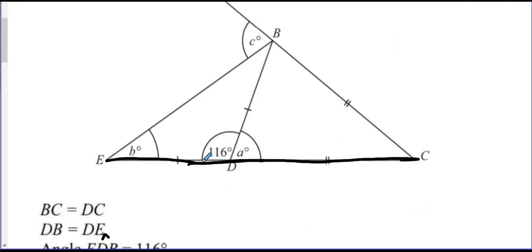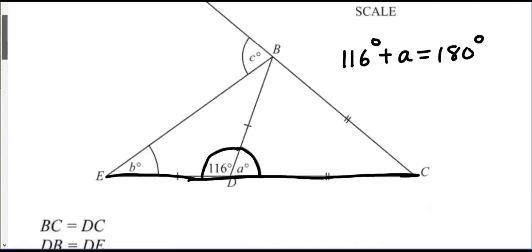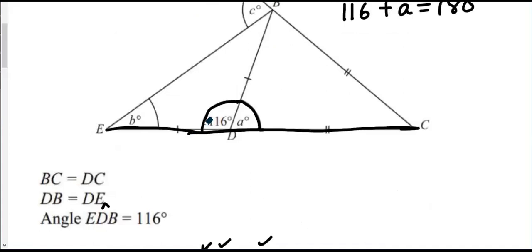Now, when you take 116 plus A, the answer is 180. 116 degrees plus A is 180 degrees. Can you see that? I guess that part is clear because I'm taking a concept of a straight line.